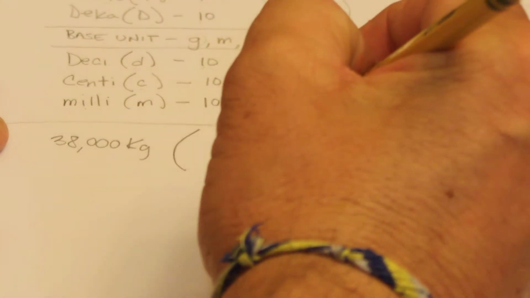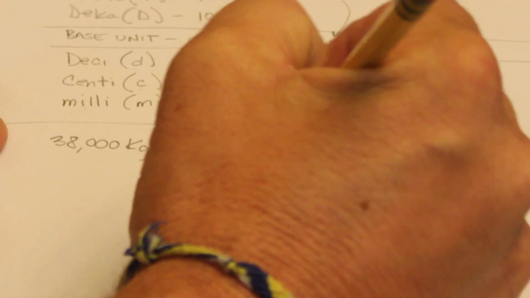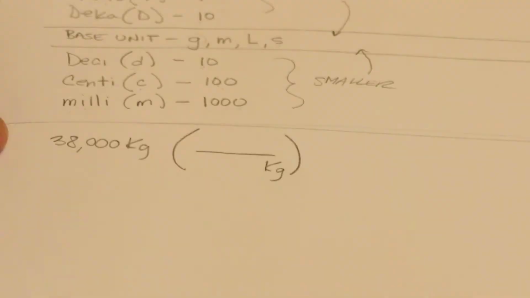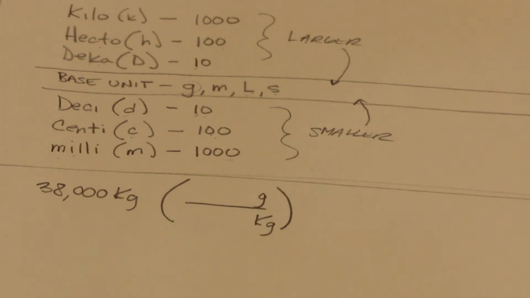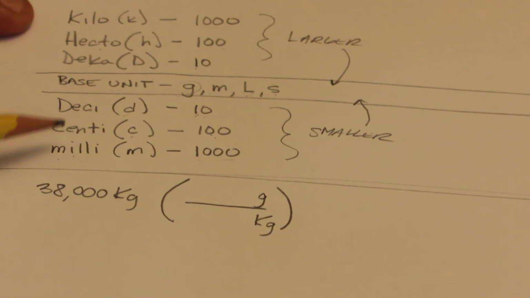So the way you would do that is you would take your parentheses, and because I'm starting with kilograms, kilograms would be on the bottom, and because they want grams, grams would go on top. Now the next thing you would ask yourself is which one of those is bigger. Well, you determine that on which one is higher up on the list.